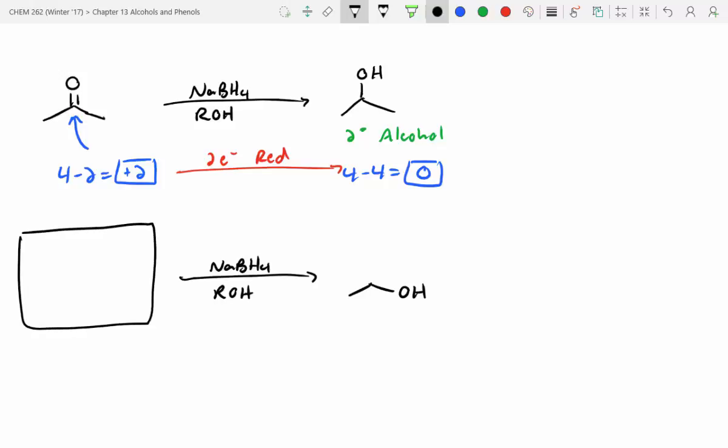What would our starting material be if we want to make ethanol? An aldehyde, right? Because we've got a hydrogen here. If we had this aldehyde and we reduce it and add in that hydrogen, it's still going to be a 2 electron reduction, but we can now make a primary alcohol this way.